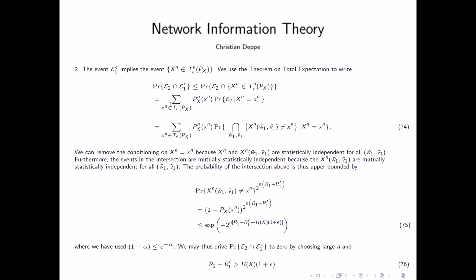So we can write that as a sum over all typical sequences, p of xn, and the probability of E2 under the condition that Xn is equal to xn.